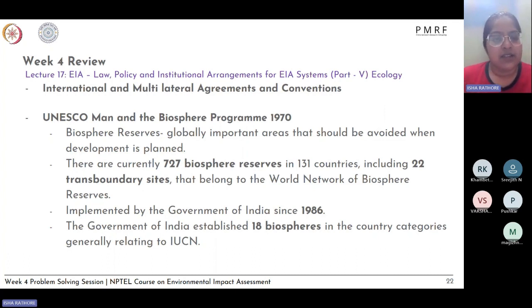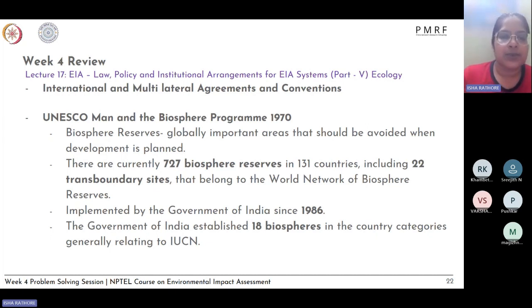Currently there are 727 biosphere reserves in 131 countries, including 22 transboundary sites that belong to the World Network of Biosphere Reserves. The number of biosphere reserves might have changed because this module was developed in 2021, so the actual numbers might be different, but for your examination, if a question like this comes, please refer to the numbers mentioned in the slides.